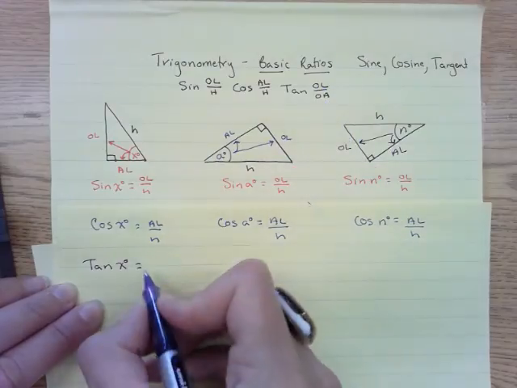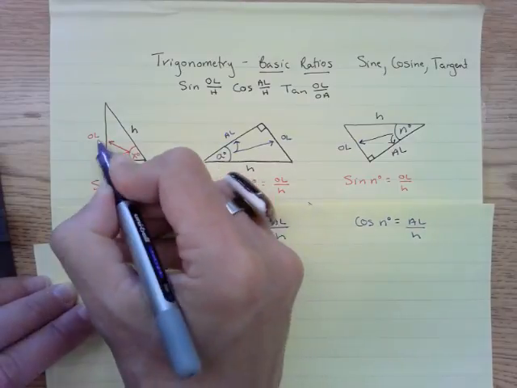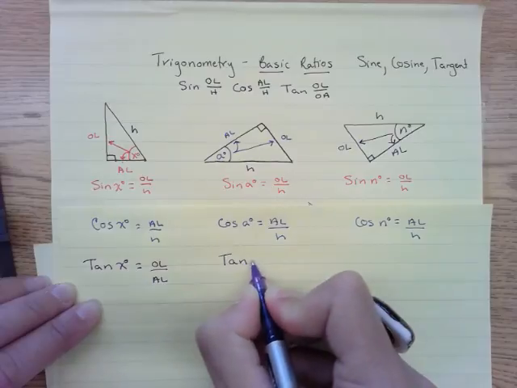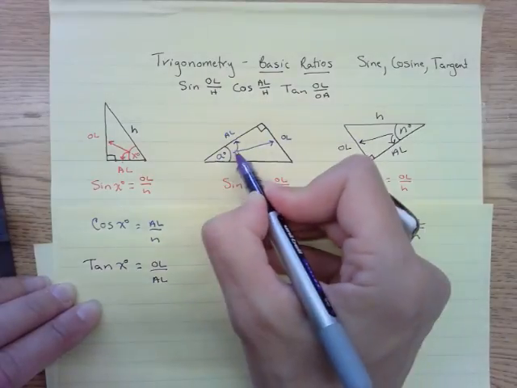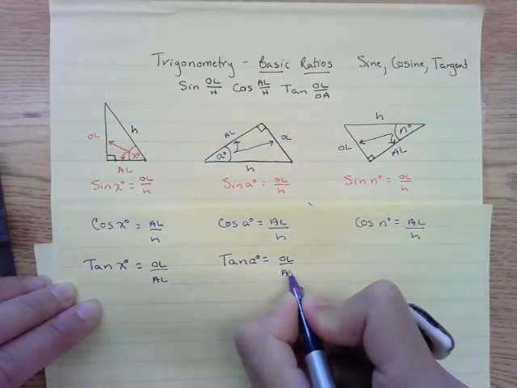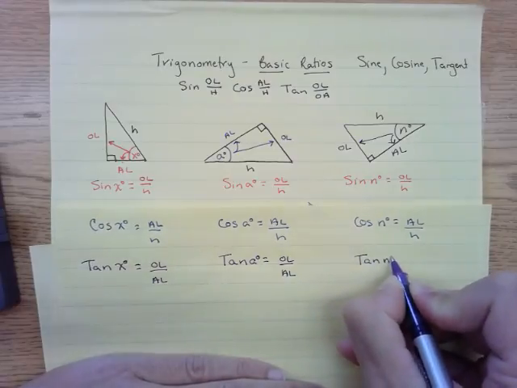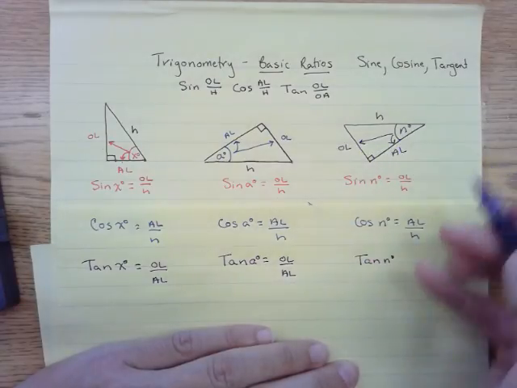Opposite over adjacent. So tangent of a degrees, again, it's the opposite leg over the adjacent leg. So the tangent is only about the legs. And in this case, it's the same thing, but we have a different angle measure, n. So the opposite leg over the adjacent leg.